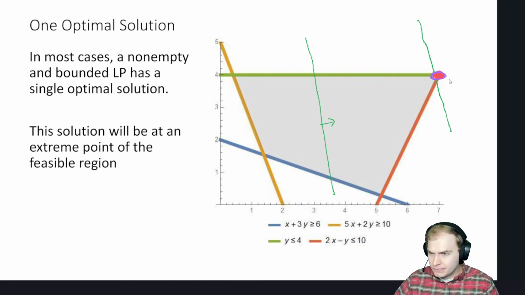Now, it is possible that there are infinitely many optimal solutions. Can anyone tell me when that might be the case?